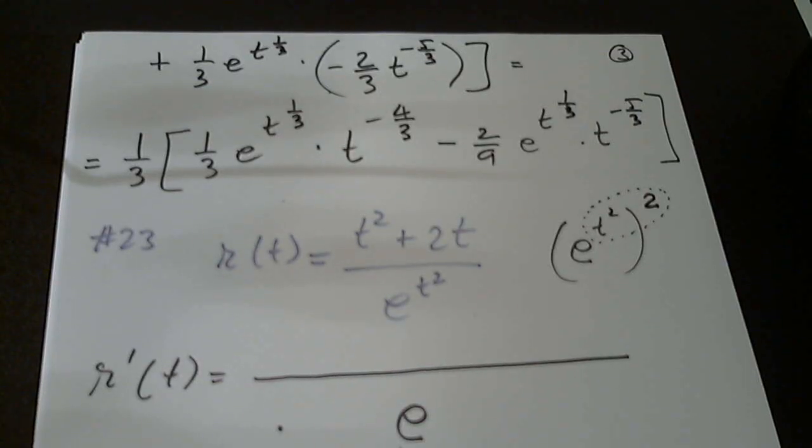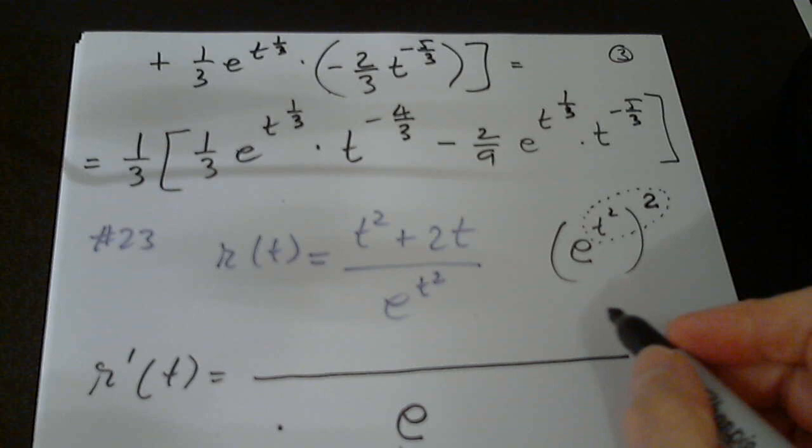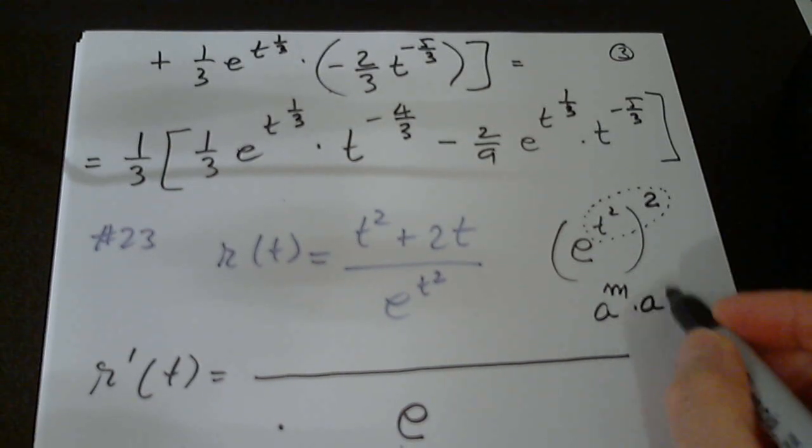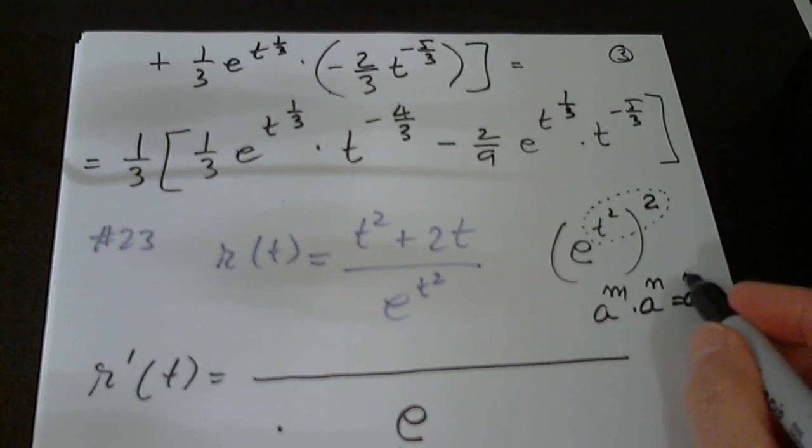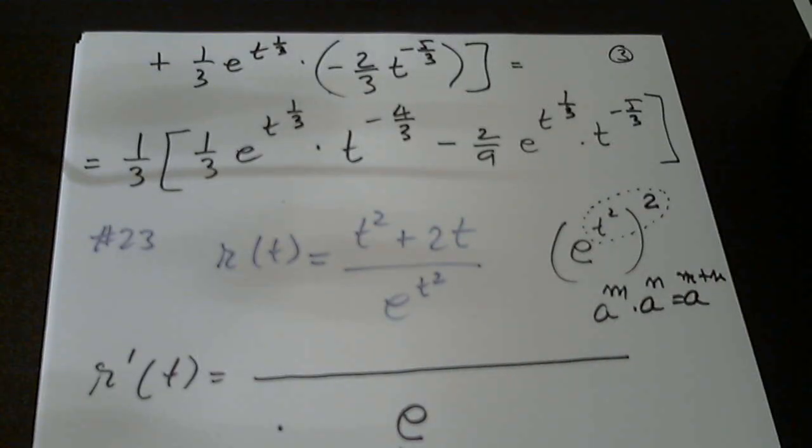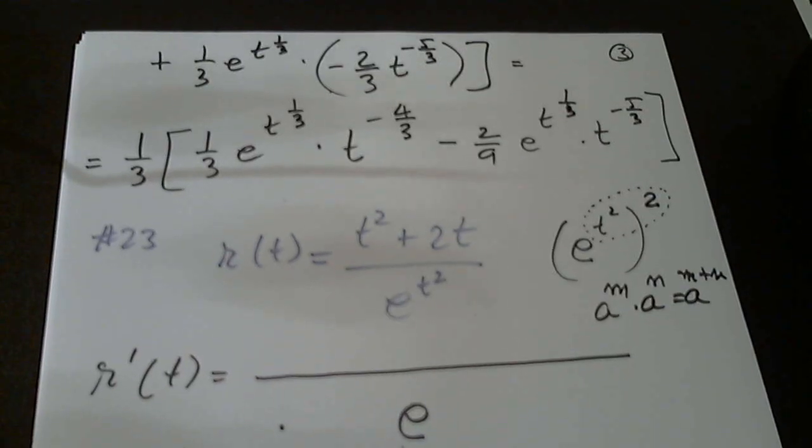We copy the base, and what happens to the exponents? Would you add them? We add them when we multiply. So if I have a to m times a to n, I do add them, m plus n. But when we raise to a power, what do we do with the exponents?